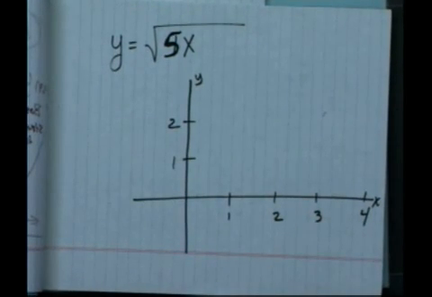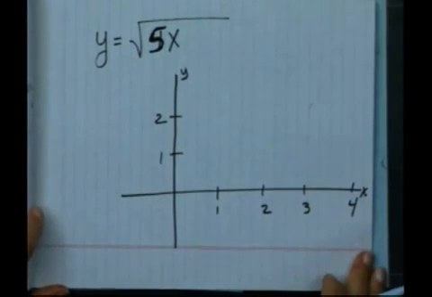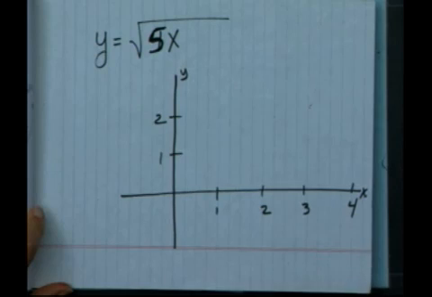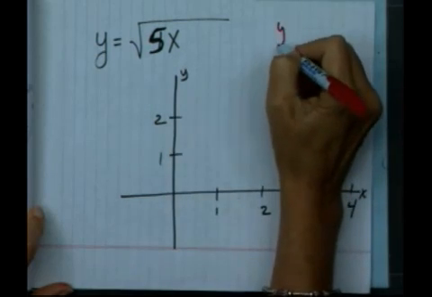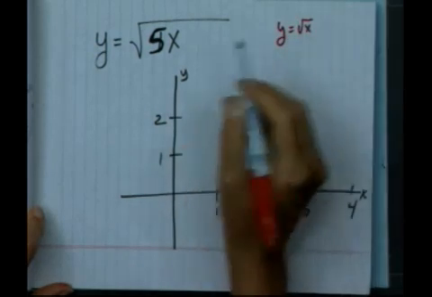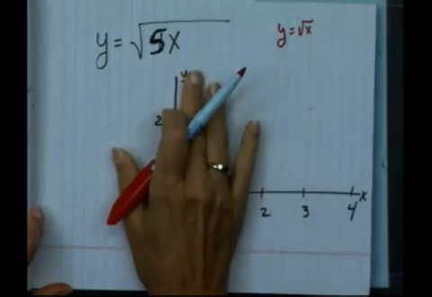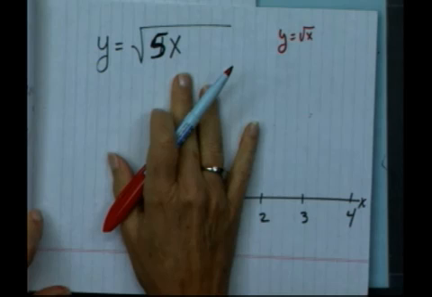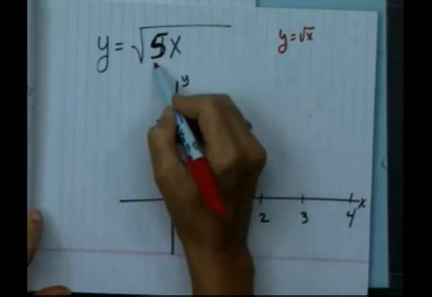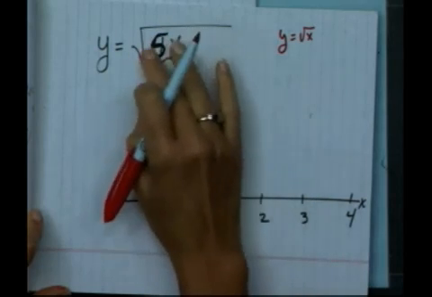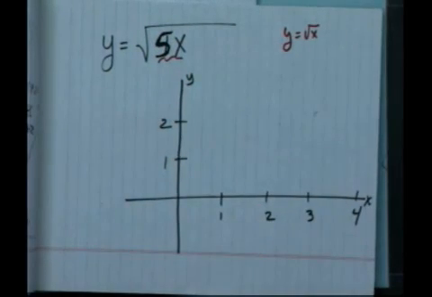Okay, because I do have another topic to do, I'm going to kind of push you on this. Our basic function is y equals square root of x, because we're doing the square root with the x underneath. Is that what everybody was thinking? And now, because we have that 5 times the x, this is grouped with the x, it's going to have an effect on the domain.